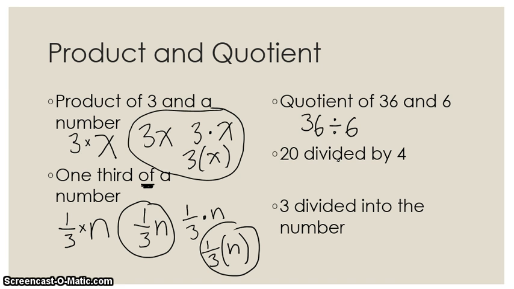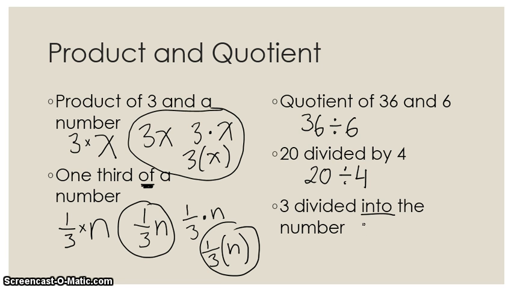Next, I have 20 divided by 4. Again, if you have divided by, well, that's the easiest one of them all. So 20 goes first and is divided by 4. Again, you write the numbers in the same order as they appear in the sentence. Now, be careful with this one because this is 3 divided into the number. See this into right here?